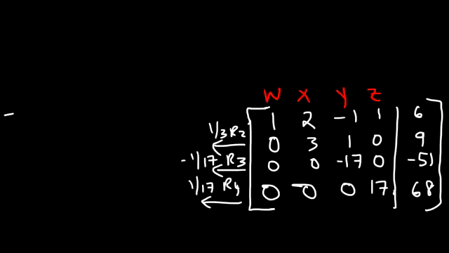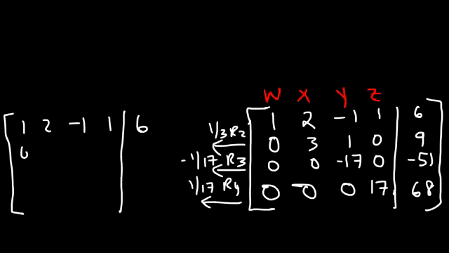So it's going to be 1, 2, negative 1, 1, and 6. Then it's going to be 0. And then 1/3 times 3 is 1. This is going to be 1/3. And then that's going to be 0. This is going to be 3. Then this is going to be 0, 0, 1, 0.